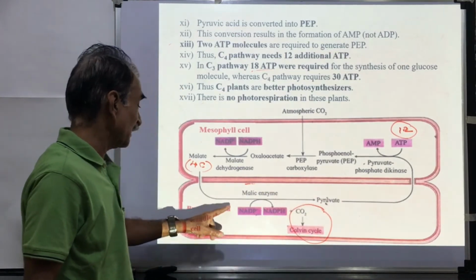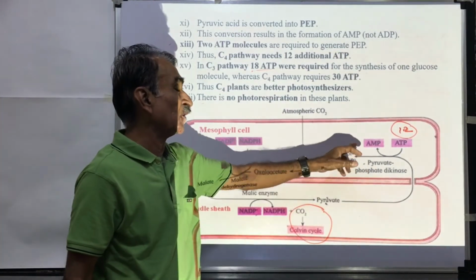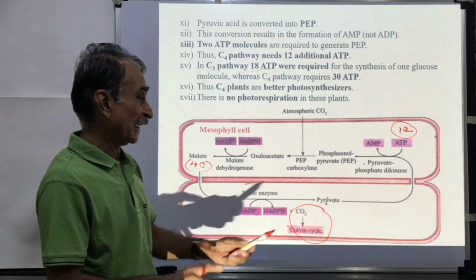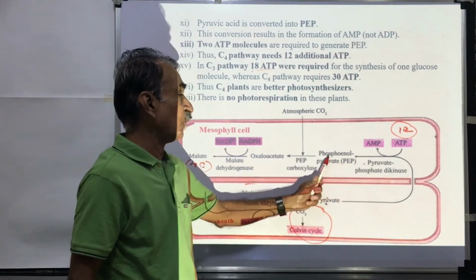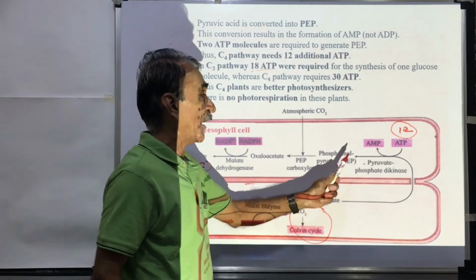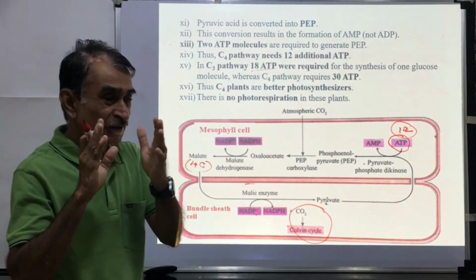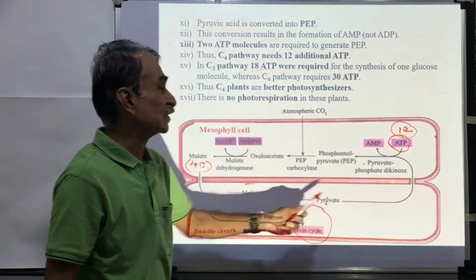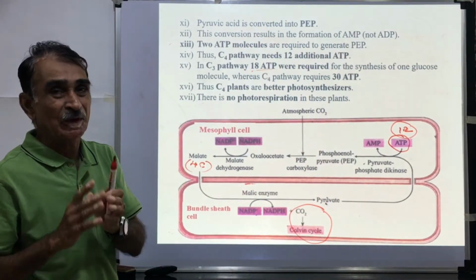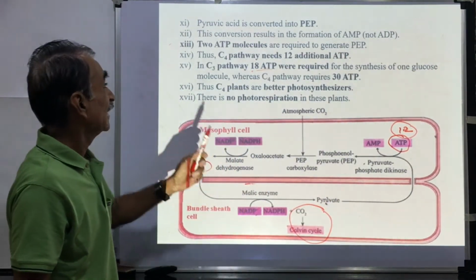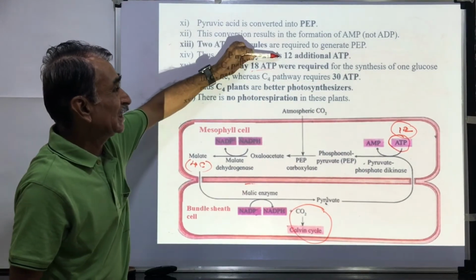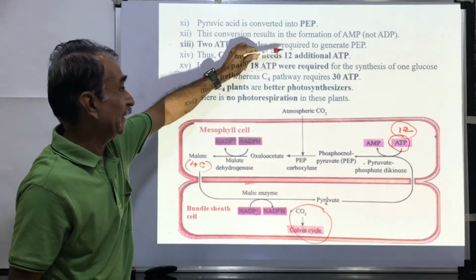Pyruvate which is produced in the bundle sheath cell is transported to the mesophyll cell. Again, this is converted into phosphoenol pyruvate by adding 2 molecules of ATP. As there are 6 cycles, 12 molecules of ATP are required to generate 1 molecule of glucose. Thus, C4 pathway needs 12 additional ATP.